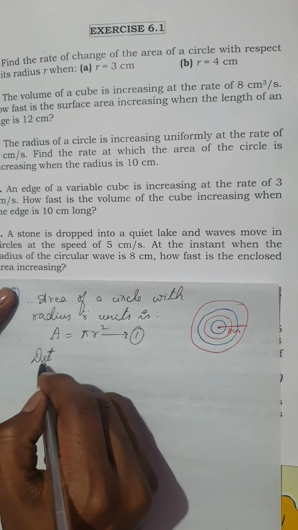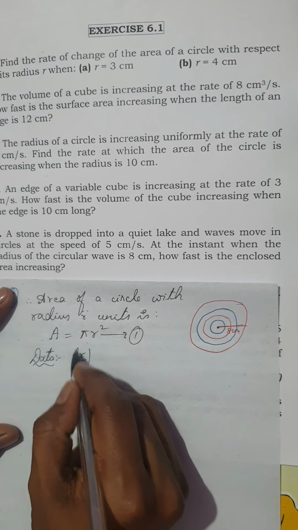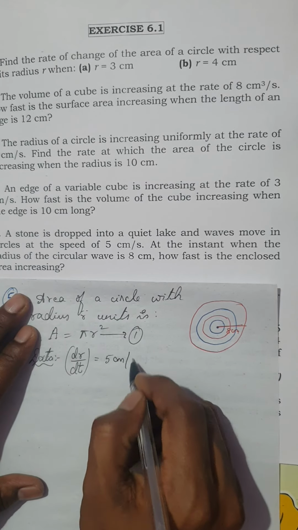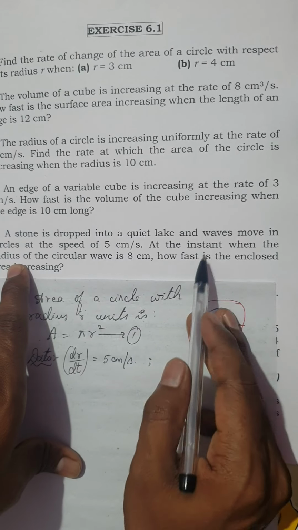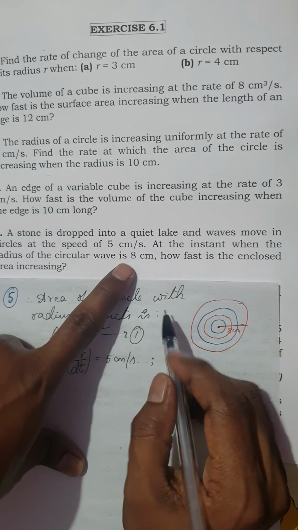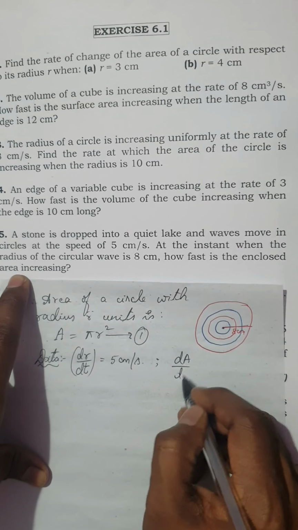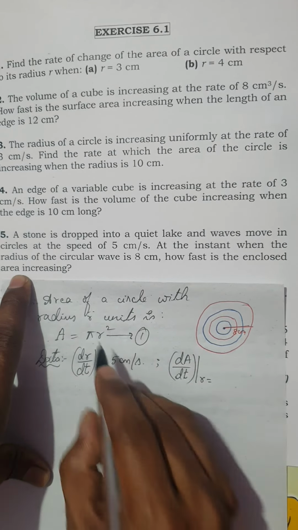This is my data: dr by dt is given as 5 centimeter per second. What should I find out? At the instant when the radius of the circle is 8 centimeter, how fast is the enclosed area increasing. So I have to find out dA by dt when the length of the radius is 8 centimeter. So this is what I have to find out. Very simple question.